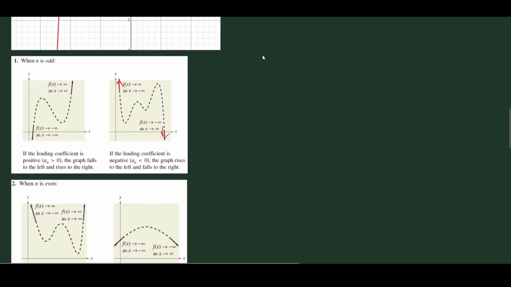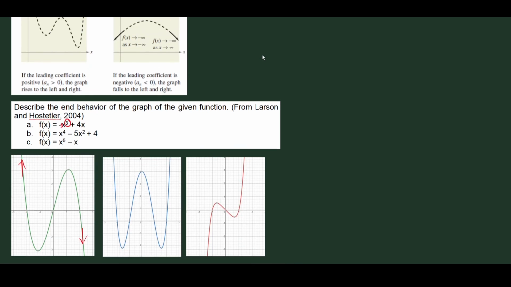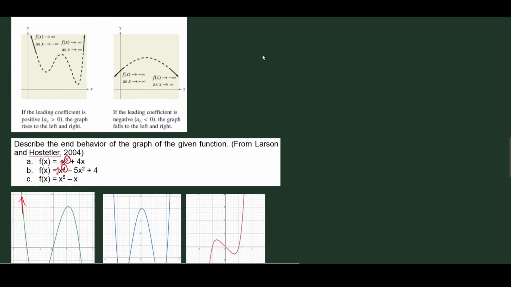Does it behave like this? It should behave like this, right? So as you can see, it's definitely right. It's behaving like that. So how about in this one? We have here an n which is even, and a leading coefficient which is greater than 0.